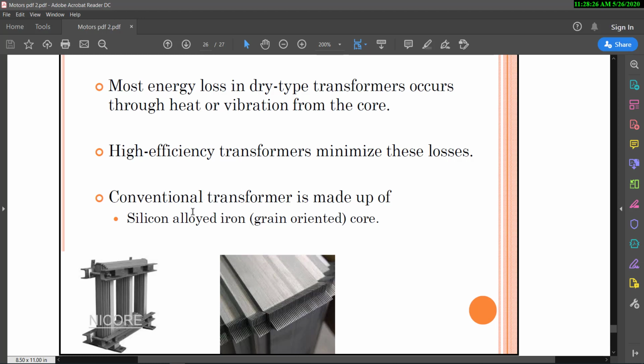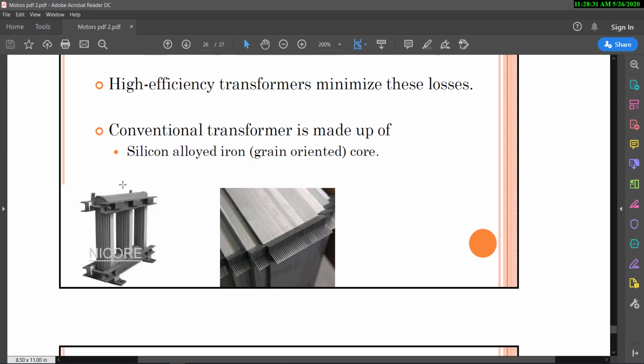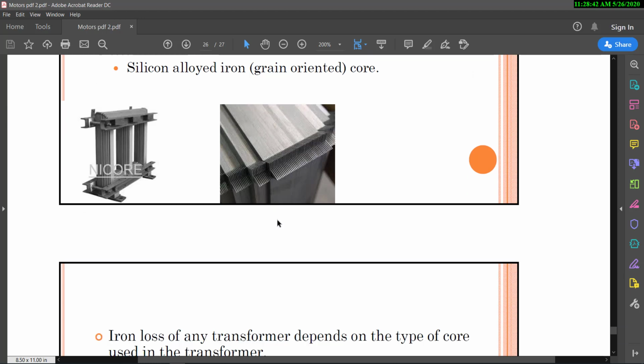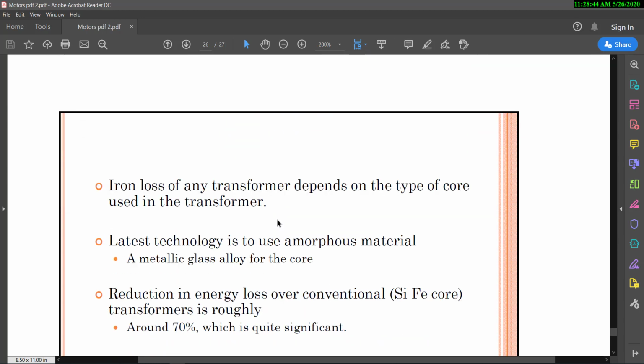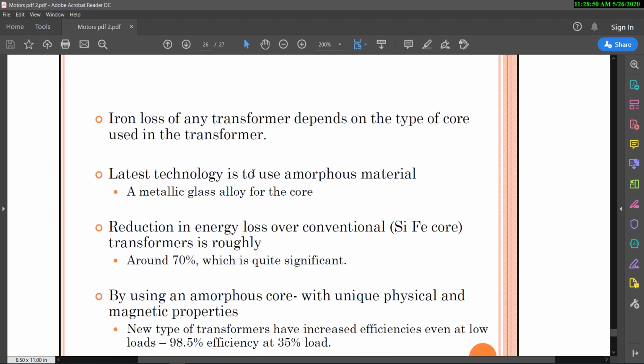A conventional transformer is made up of silicon alloyed iron or grain oriented core. This is an example of a transformer setup, where there is a silicon layer alloyed core, number of cores, and the iron losses of any transformer depend on the type of core used in the transformer.